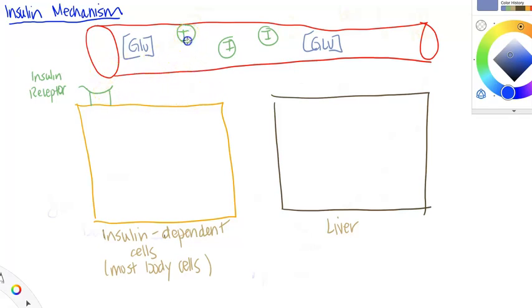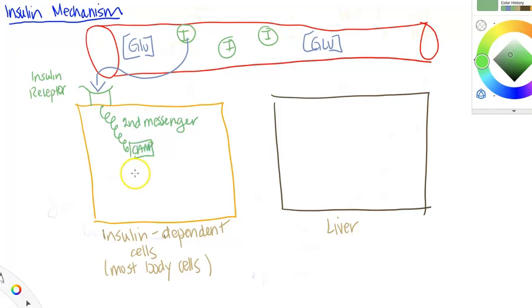So insulin will come over and bind to the insulin receptor. And when that happens, it's a peptide hormone, so it causes a second messenger cascade till we get our second messenger, which is the cyclic AMP.